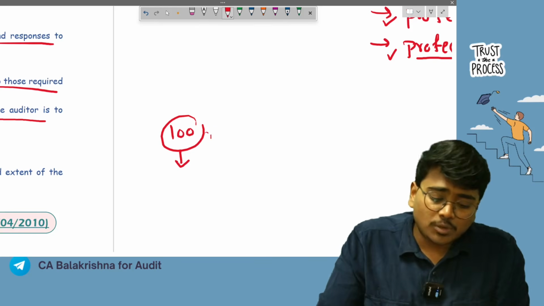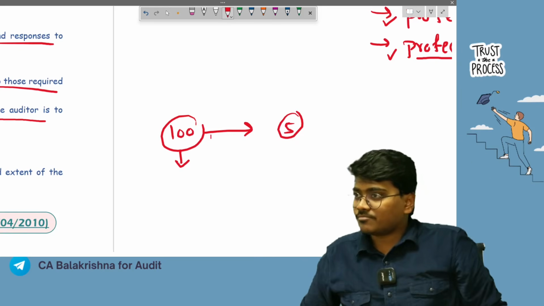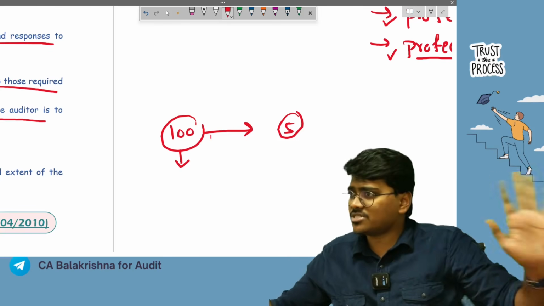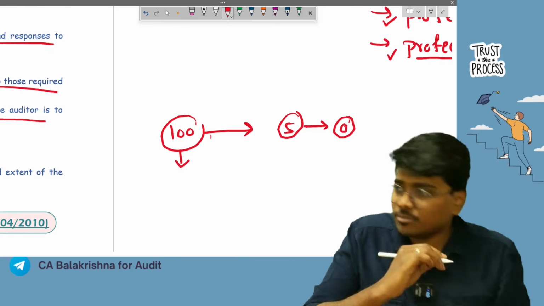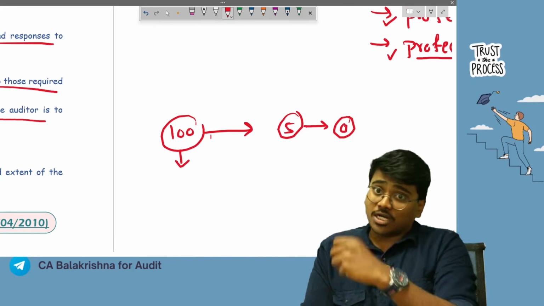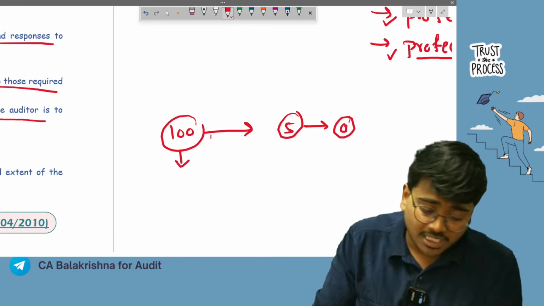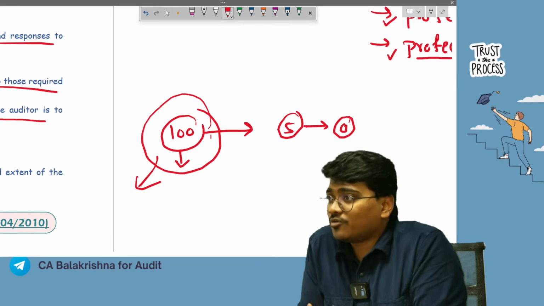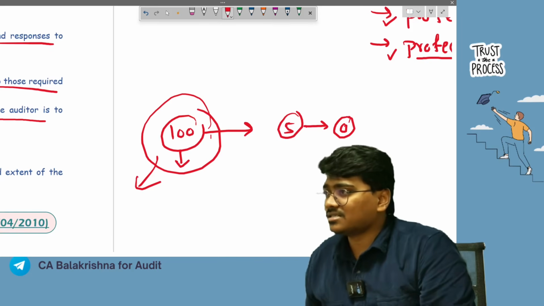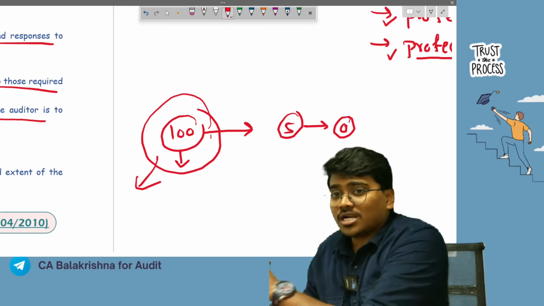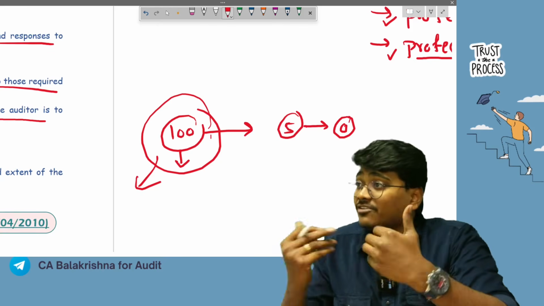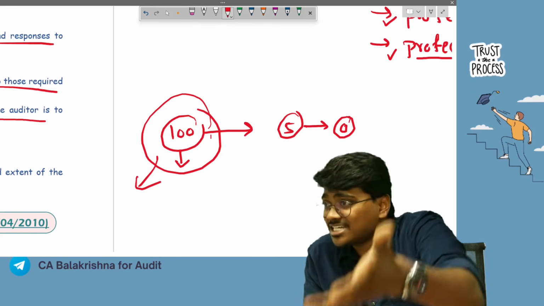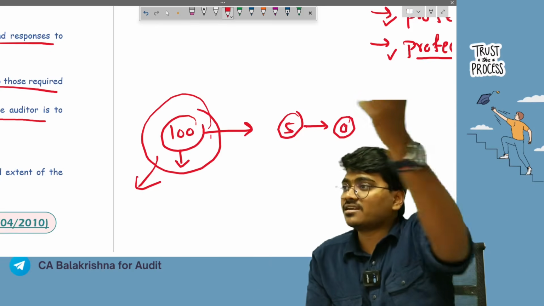Of these 100 vouchers, you have taken a sample of just 5 vouchers, and by performing audit procedures on these 5 vouchers, you haven't found any misstatements, zero misstatements. Now, based on this, you come to a conclusion that there will not be any misstatements in the population also. This is an example of overgeneralizing. Just observing 5 invoices, you come to a conclusion that there will not be any misstatements in the entire set of invoices. So if you don't exercise professional skepticism, you might overgeneralize.